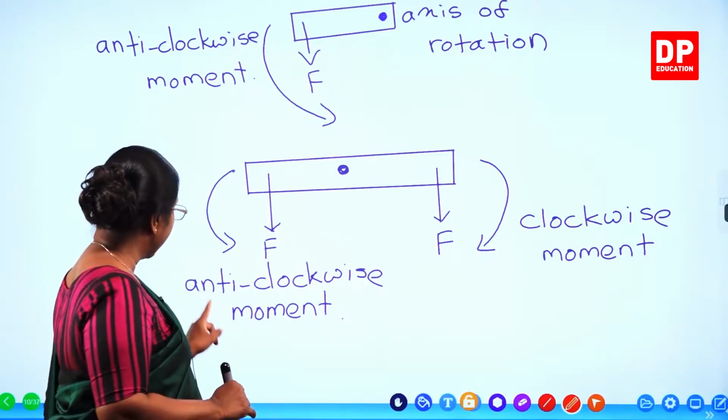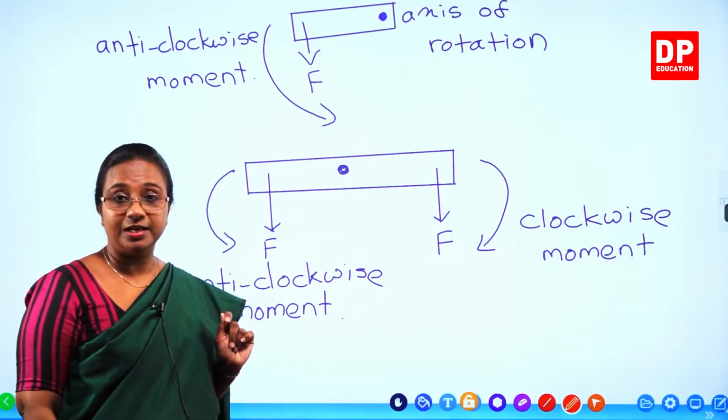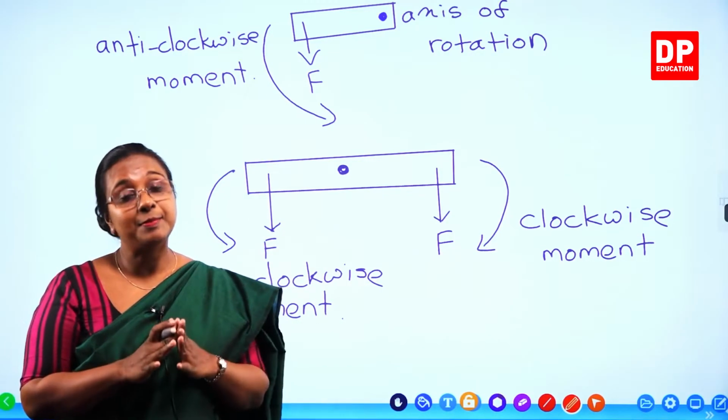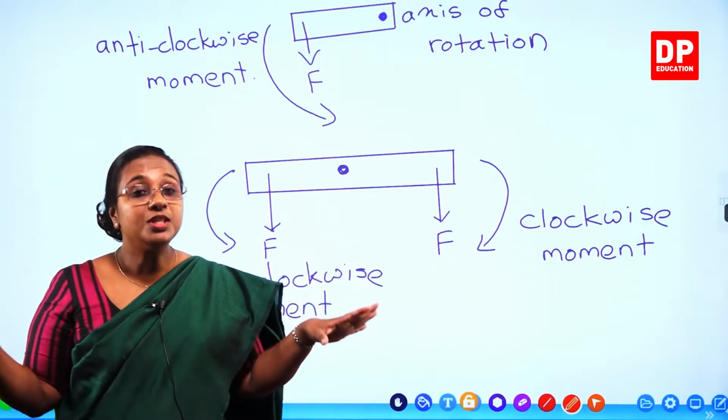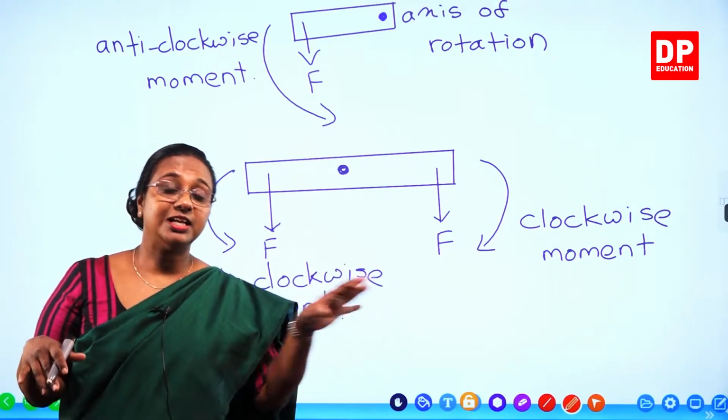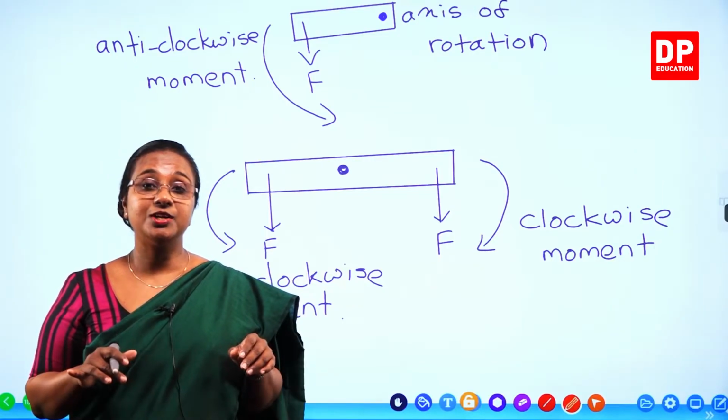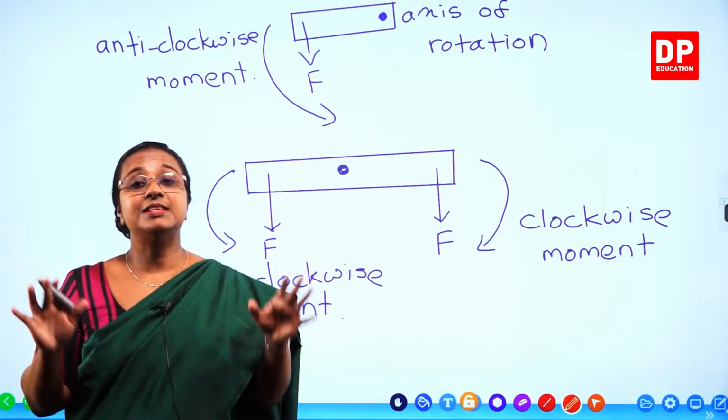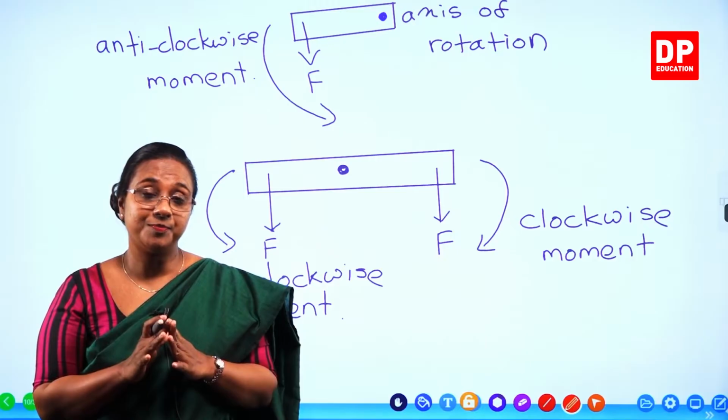So that will be an anti-clockwise movement. In the end, both the weights become equal. Let's say 1 kilogram weight and 1 kilogram potatoes, and the balance comes to an equilibrium.